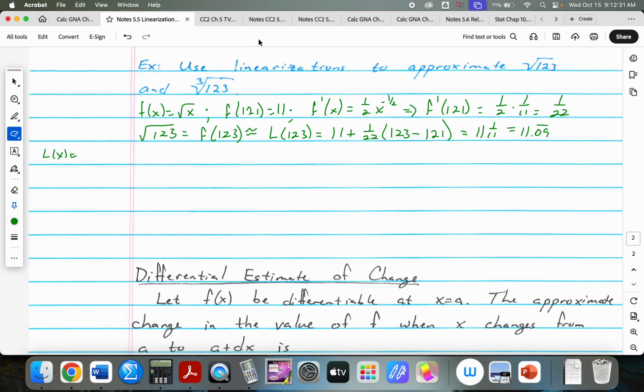We can do the same thing for the cube root. Here, I'll call it g of x is x to the 1/3. Where do I want to center this one? Well, I need a cube root that's close to 123.